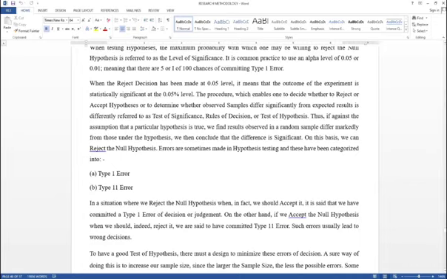That becomes type 1 error. And then the type 2 error, we accept the null hypothesis when we should indeed reject it. That's when the null hypothesis is wrong and we go ahead to accept it rather than reject it. It becomes type 2 error.